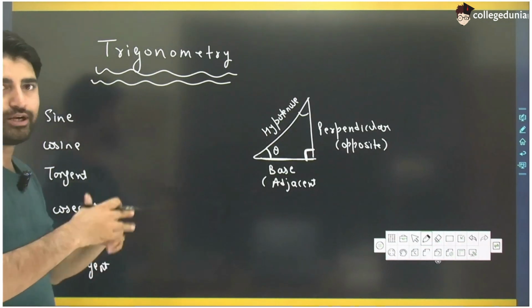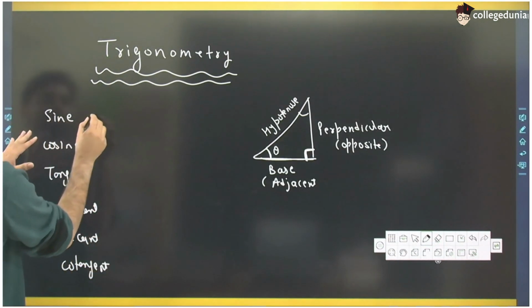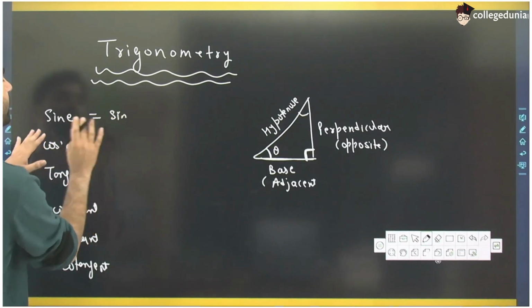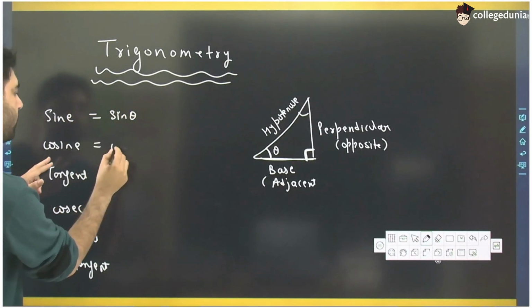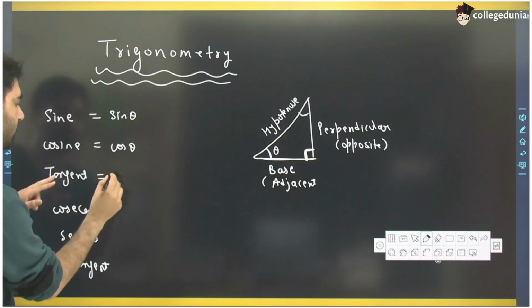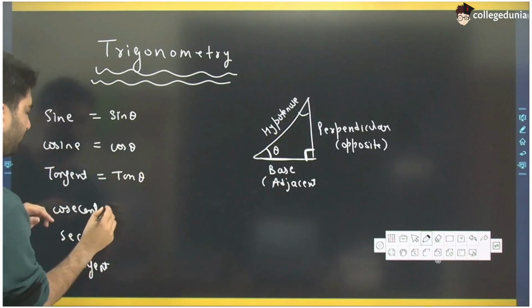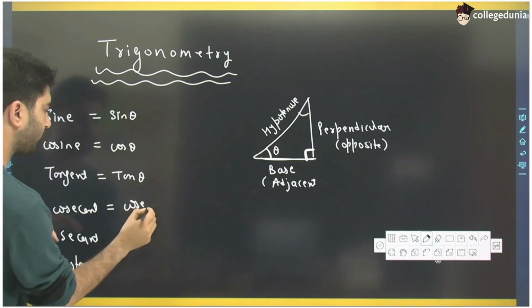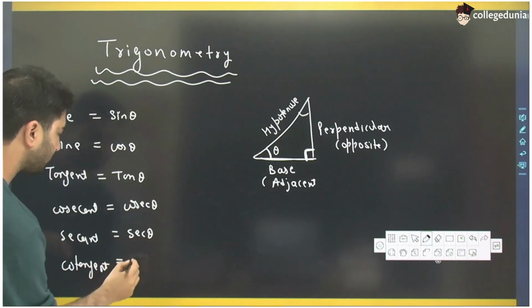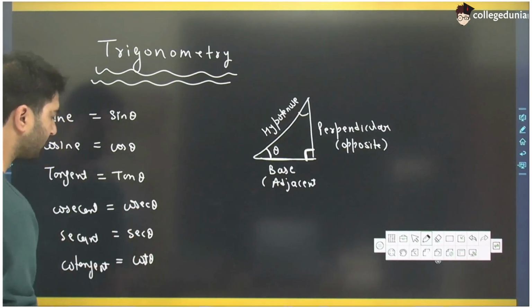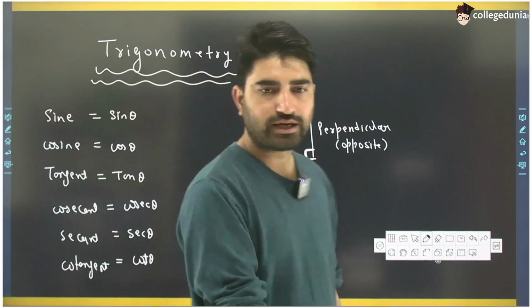In abbreviated form, we used to call them sin theta, cos theta, tan theta, cosec theta, sec theta, cot theta. So these 6 were the ratios.